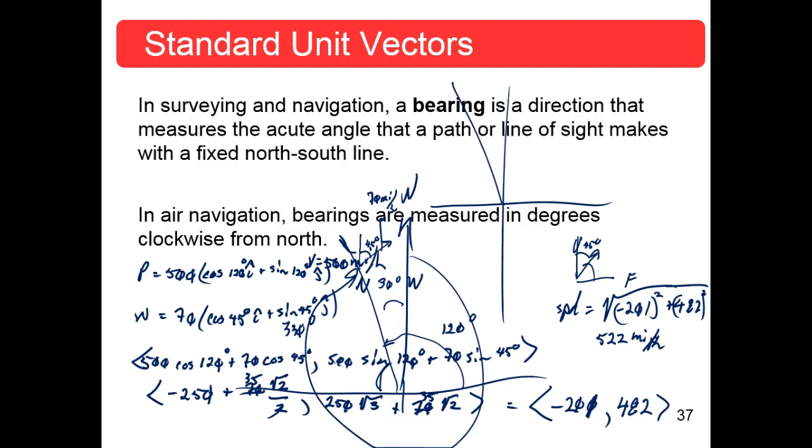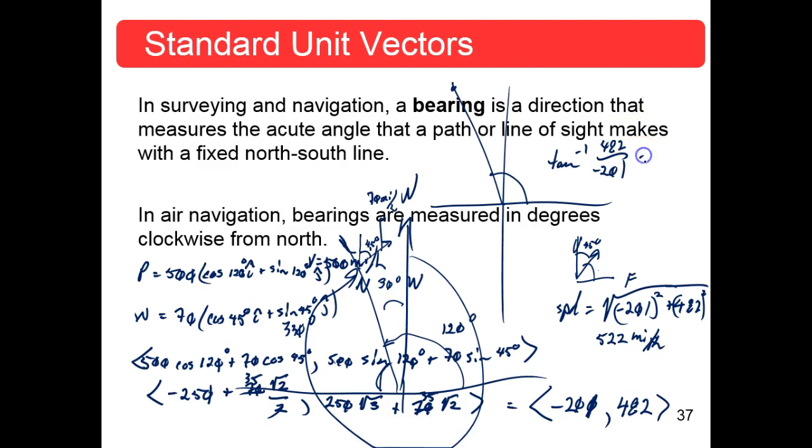I don't know if that's exact. Minus 200, positive 400. Something up there. How do you get that direction? Yes, that's it, exactly. The inverse tangent of y over x, 482 over negative 201.